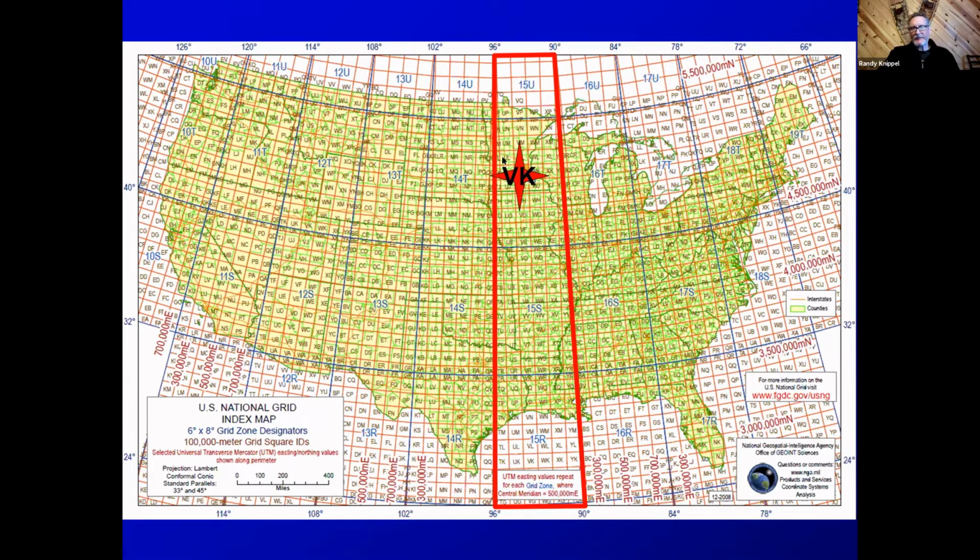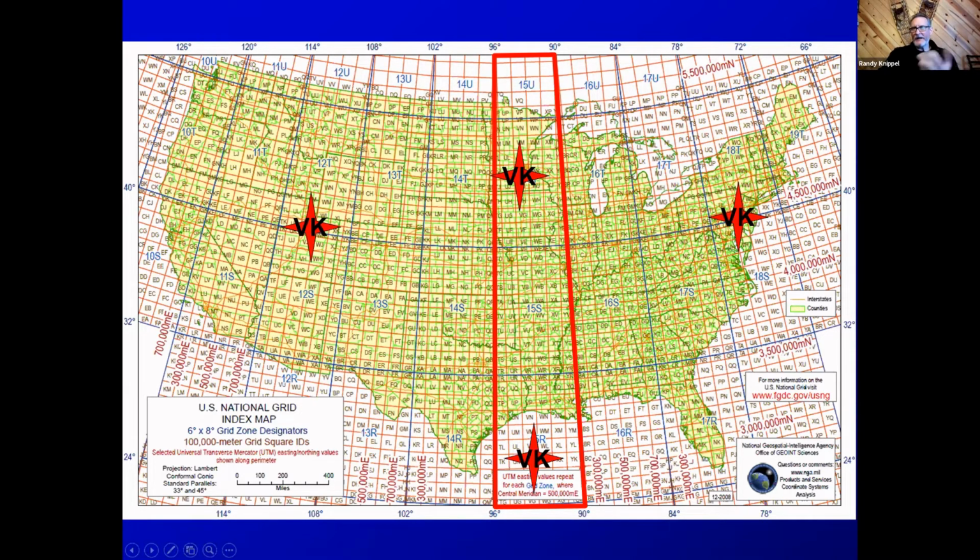In fact, if we look at something like 100,000 meter grid BK, it doesn't exist for 800 miles in any direction. So if we know we're working in Minnesota, for example, and we know we're in 100,000 meter grid VK, we can almost not have to say 15T anymore, or UTM zone 15.